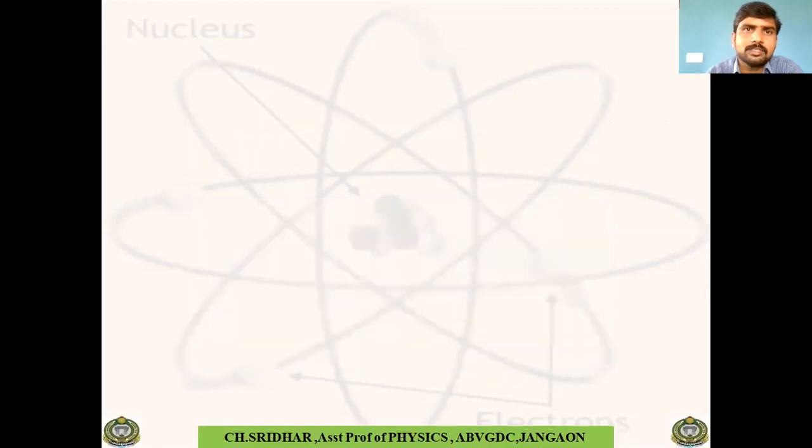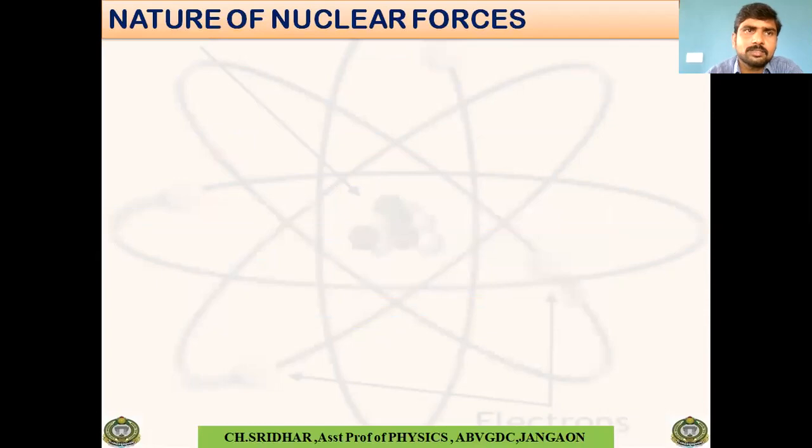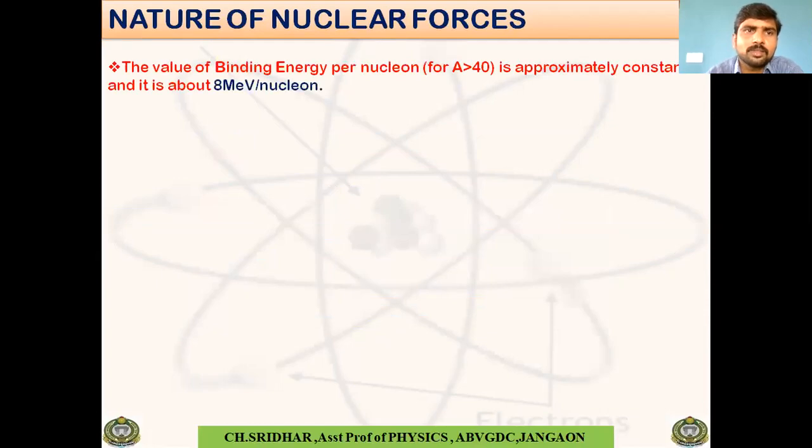So let us see the nature of nuclear forces. If you consider the binding energy calculated for a nucleon, for mass numbers greater than 40, the binding energy is about 8 MeV per nucleon.